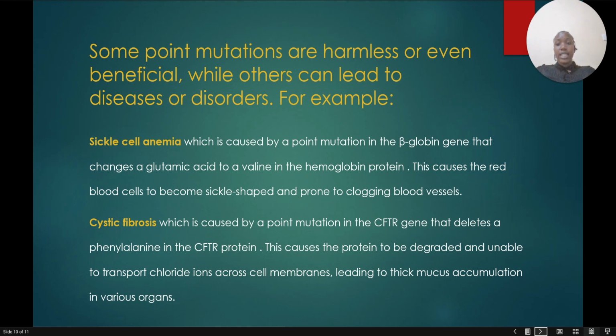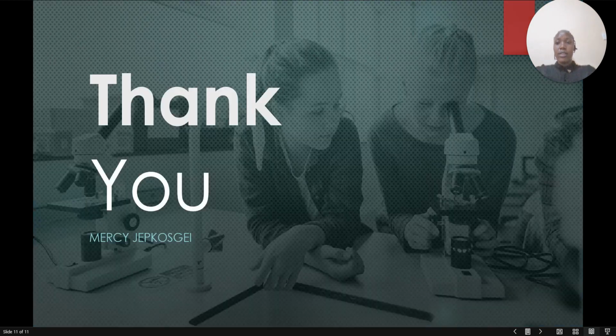We have cystic fibrosis, which is caused by a point mutation in the CFTR gene that deletes a phenylalanine in the CFTR protein. This causes the protein to be degraded and unable to transport chloride ions across cell membranes, leading to thick mucus accumulation in various organs.